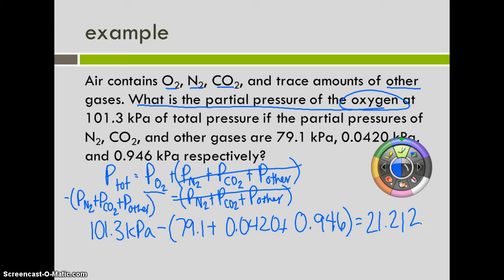Now remember, when you're adding and subtracting, you have to go by the least number of digits after the decimal. And here we have 1 and 1, so that means we need to report our answer as 21.2 kPa.